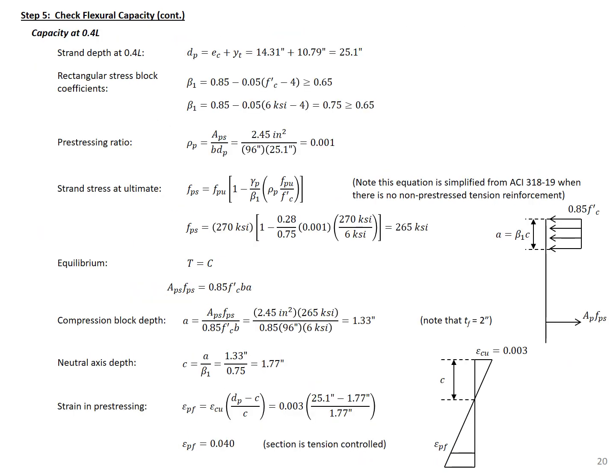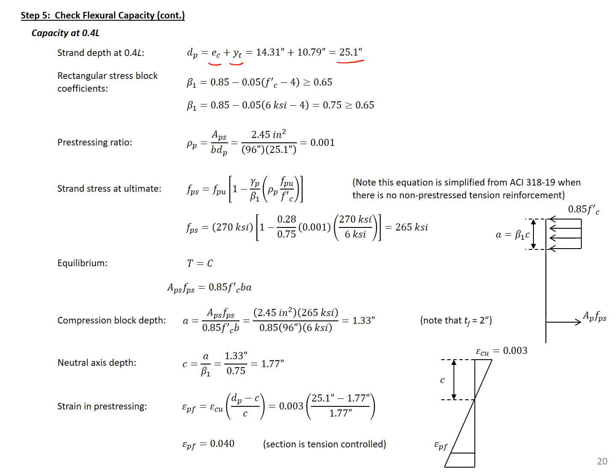We can use our eccentricity to figure out the depth of our strand. So we find the depth of our strand, or dp, by taking the eccentricity of our strand plus yt, the distance between the centroid of our section and the top of our section. So here you can see at 40% length, we have a dp of 25.1.